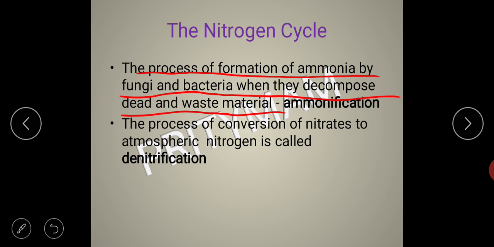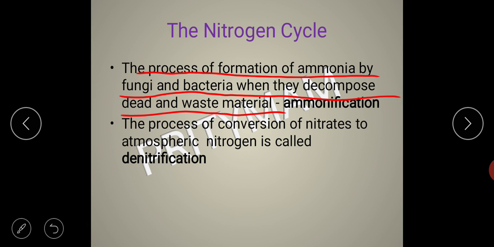After ammonification comes the nitrification process. Some of the ammonia formed is taken up directly by the plants, while the rest is converted into nitrates. And who converts these, students? The nitrifying bacteria.